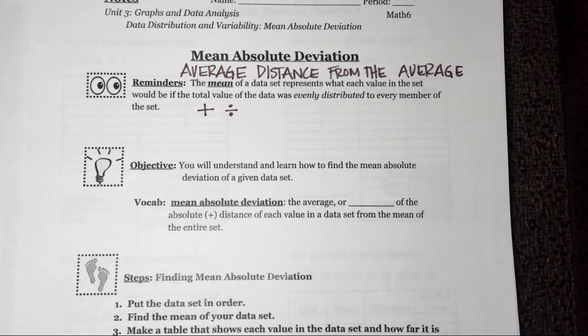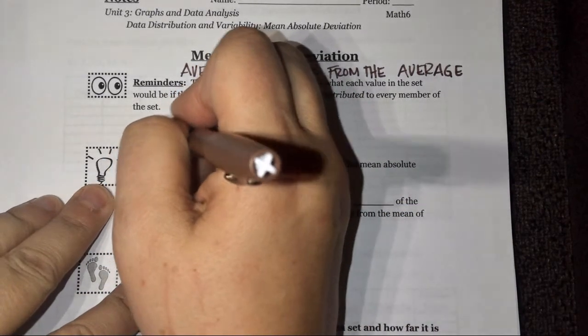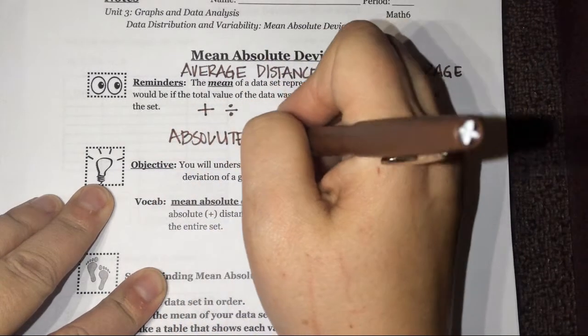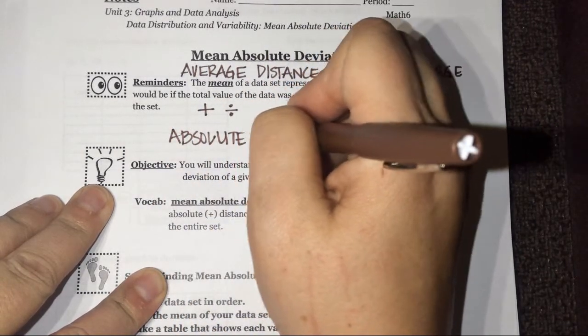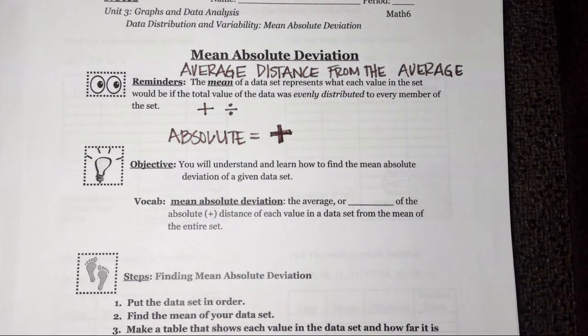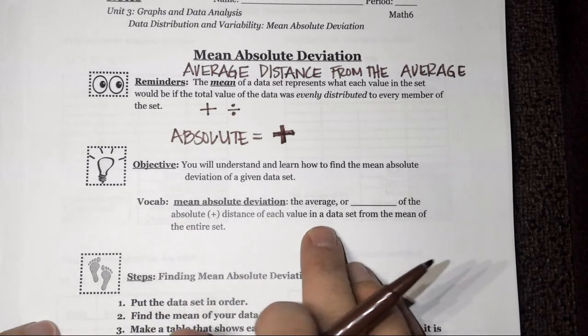The last thing I want you to remember, absolute means positive. Since we're talking about distance, our numbers are all going to be positive. Here's our technical definition of mean absolute deviation.